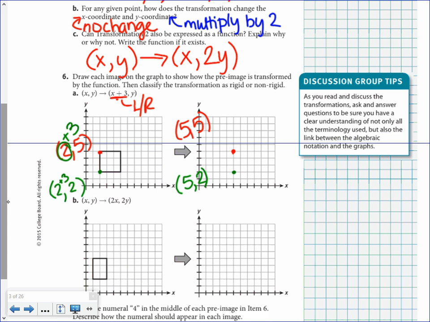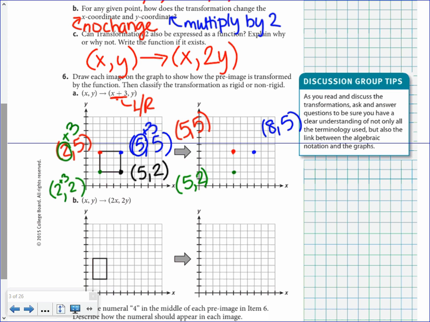Using the same idea, our top right corner is currently at 5, 5. My x value gets 3 added to it, so it's going to become the point 8, 5. And then my bottom right corner is currently at 5, 2.